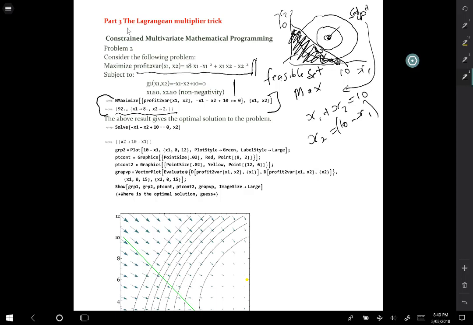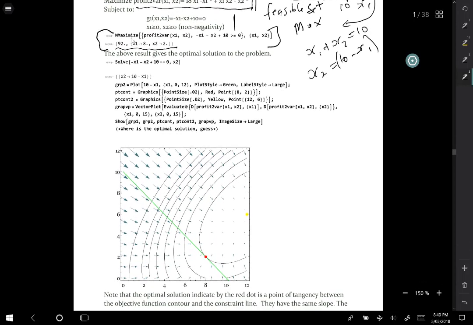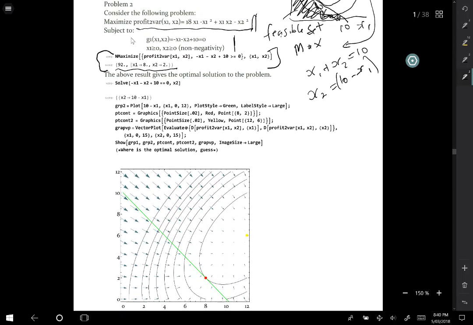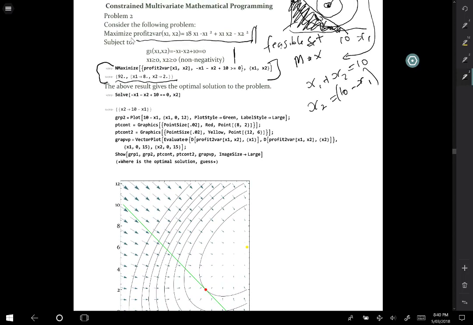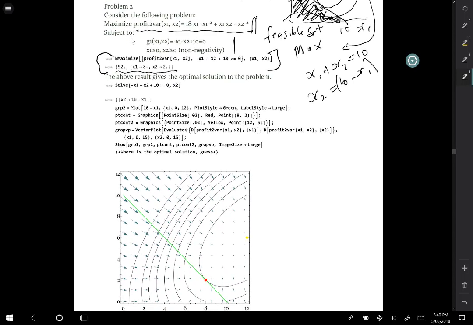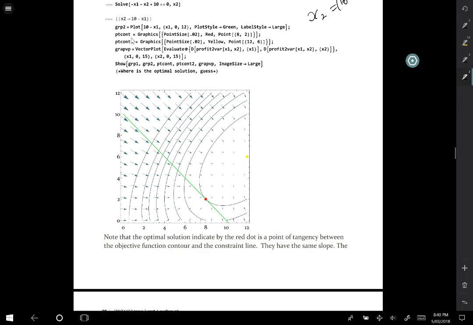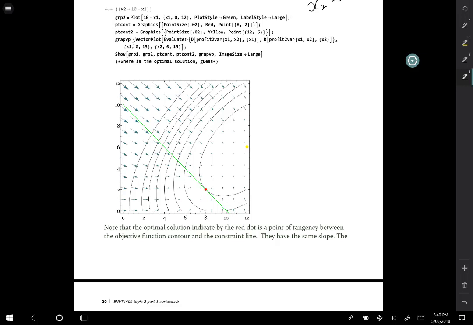So that's easy, but it doesn't really give us much of an understanding as to what's going on, so I'll make things more complicated. The first thing we need to do is define the constraint equation so we can put it into a contour plot diagram, and that's what we're looking at here.